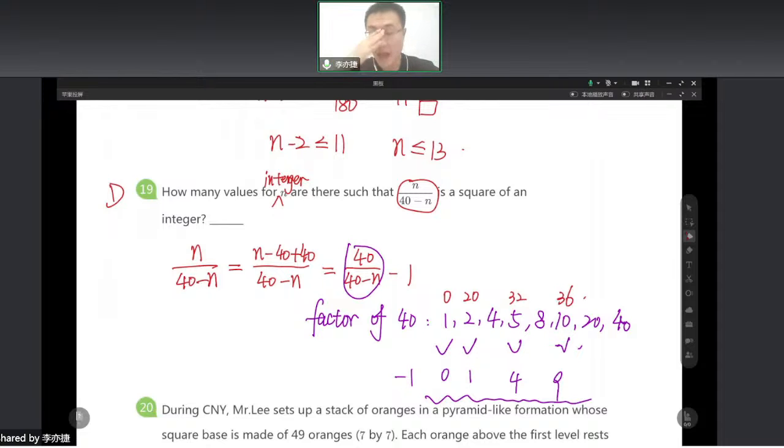So actually we have 4 values here, but I don't know if 0 is counted. If 0 is counted, then it's 4, but it's 3 if 0 is not counted.